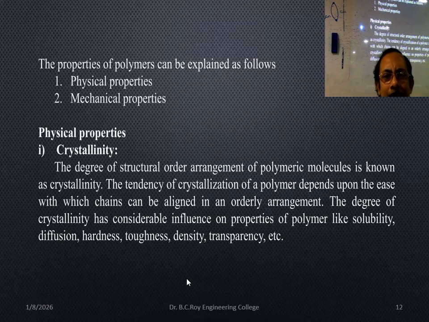Now physical property, mechanical property, crystallinity. Regarding polymer crystallinity, if you look at a polymer in detail, with microscopic analysis, you will find some crystals are formed inside. Overall, what is the nature of a polymer? It is amorphous in general, but crystals can be formed inside. That is called crystallinity.